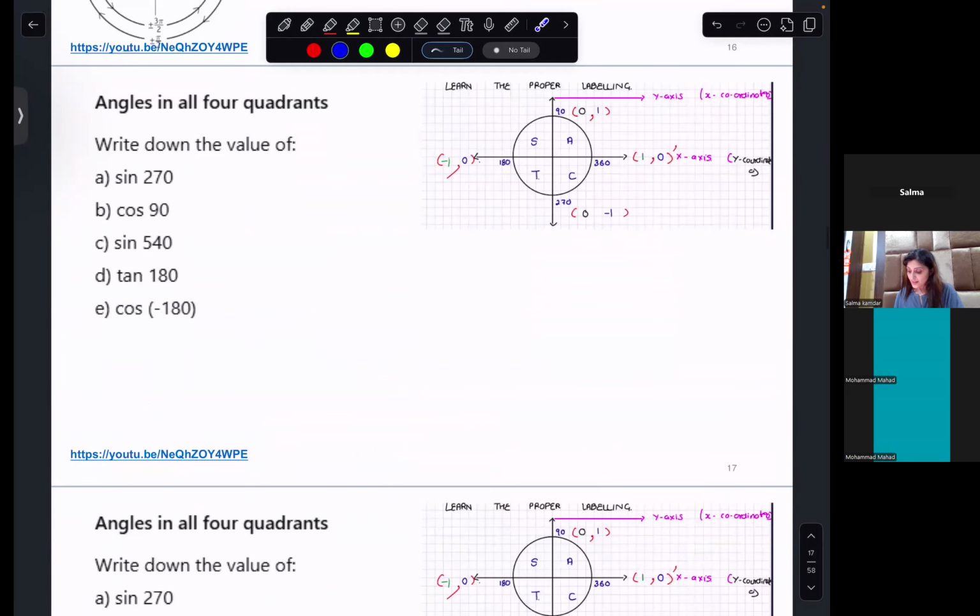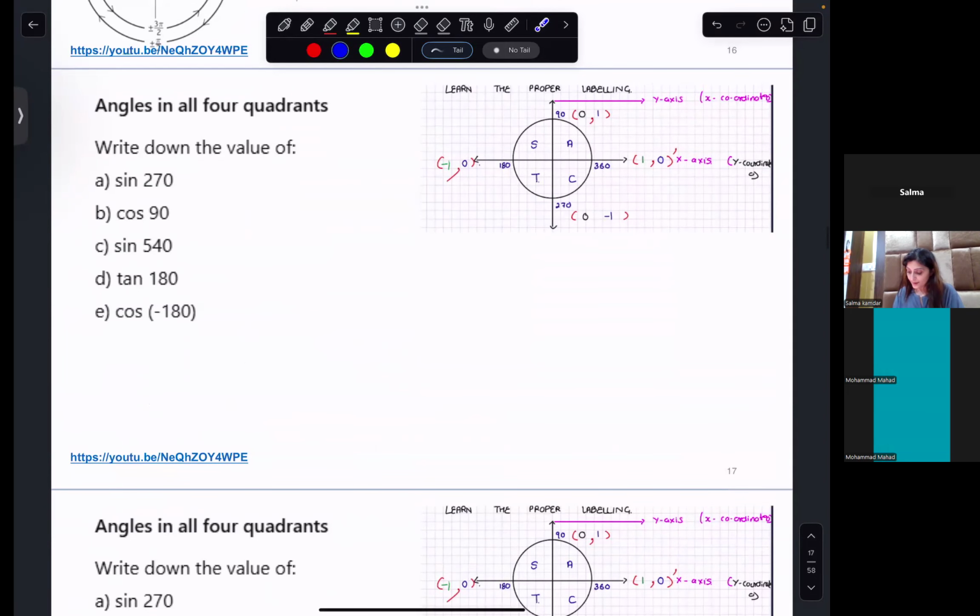I will give you some time. Look over here. Write down the value of sine 270. Sine would always be which coordinate? Sine would always be the y coordinate.